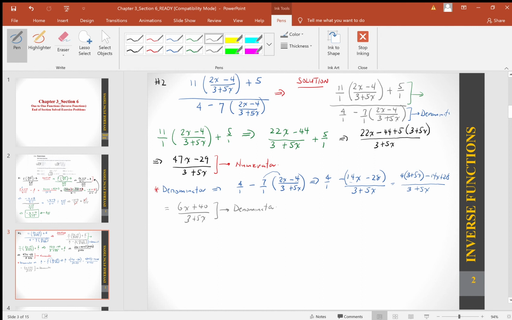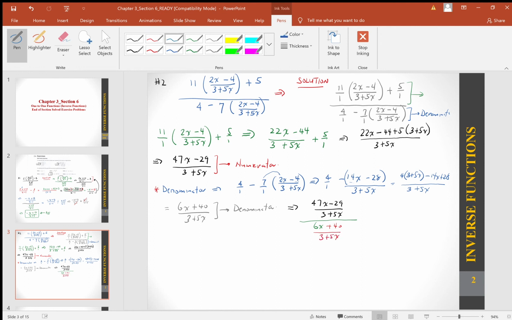Okay, now when you put everything back together again, the numerator is (47x minus 29) divided by (3 plus 5x), and that was divided by the denominator, which was (6x plus 40) divided by (3 plus 5x).